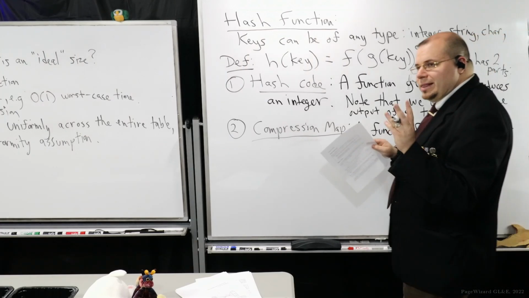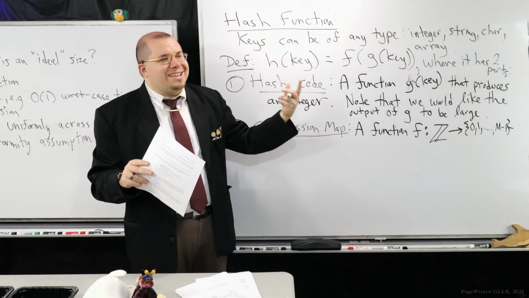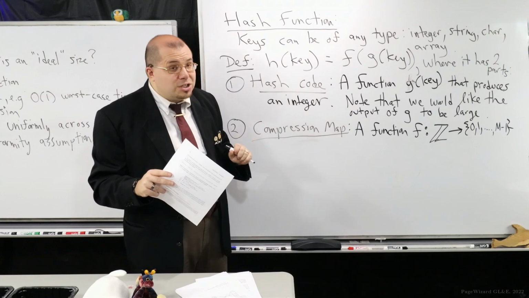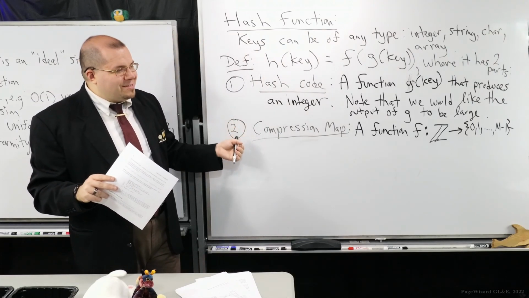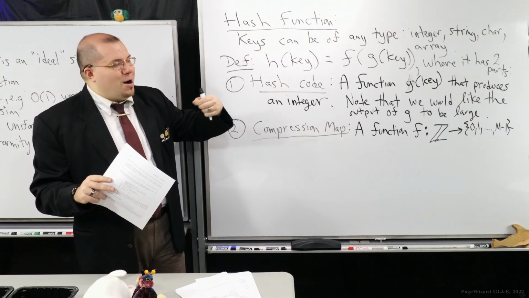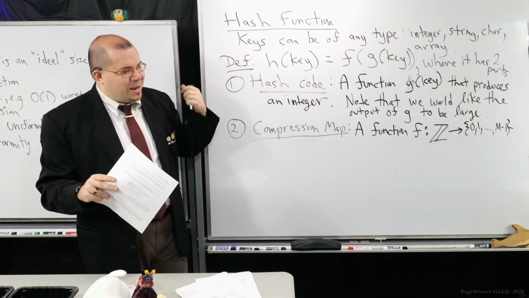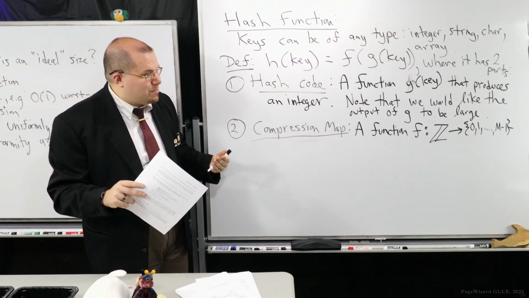So just in plain language, it takes in an integer and it outputs a position in the table. That's all this function does. So that's what a compression map is. Very often all this is applying the modulus operator, say modulo m, where capital M is the size of the table. Something as simple as that can work as a compression map.